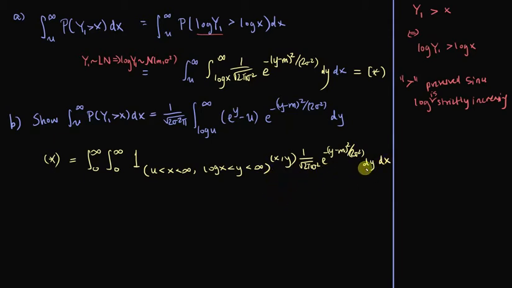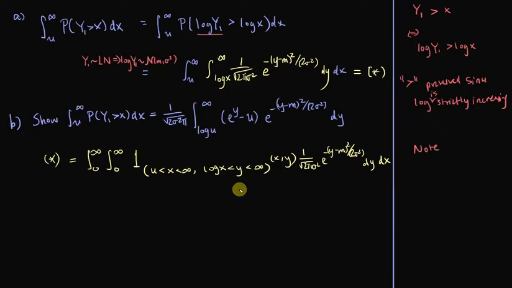Okay, well, since we've got this thing here, let us try to consider this set on the side. So we have that u has to be smaller than x, which has to be smaller than infinity.